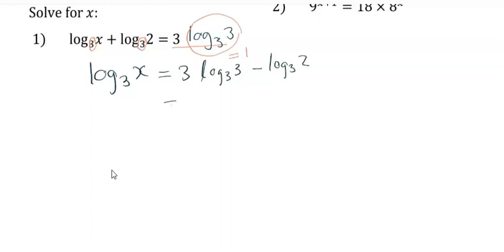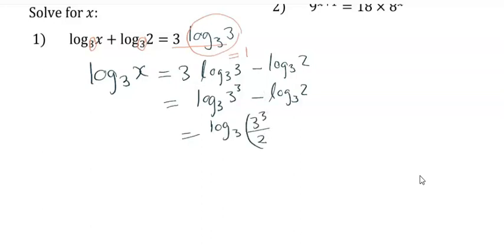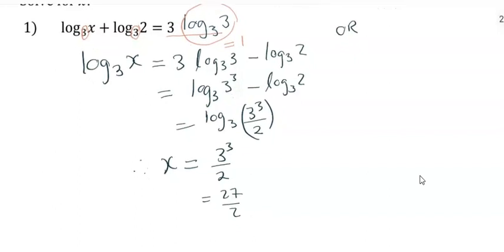On the right hand side, I can then write it as log base of 3 of 3 cubed minus log base of 3 of 2, which is log to the base of 3 of 3 cubed divided by 2. So we can use the law and say x is equal to 3 cubed over 2, which gives us 27 over 2.